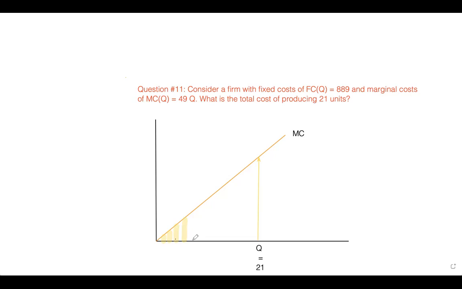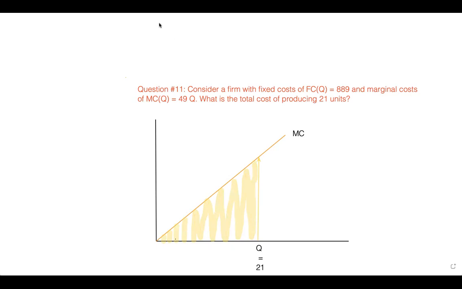Now, variable cost, by definition, is all of the costs that are changing as we change our level of output. And so if we add up all of these additional costs together, we end up getting the area underneath the marginal cost curve, the triangle that I've highlighted here.